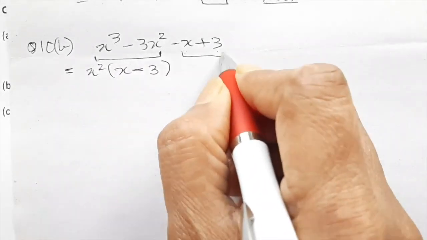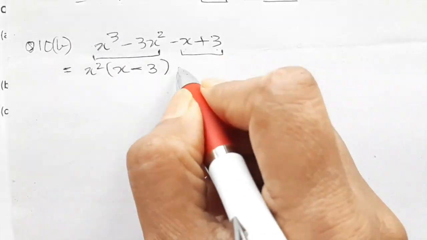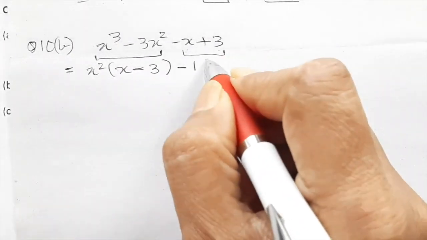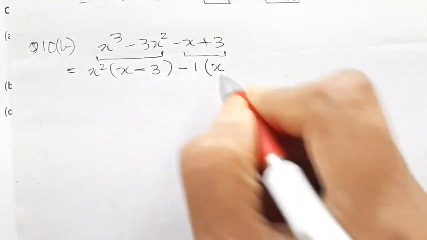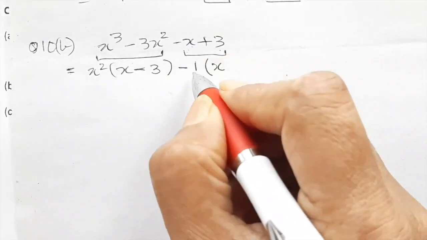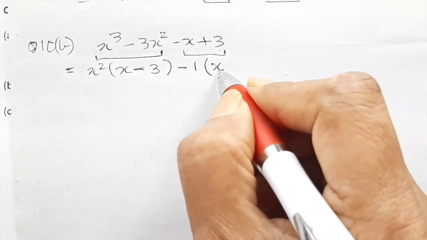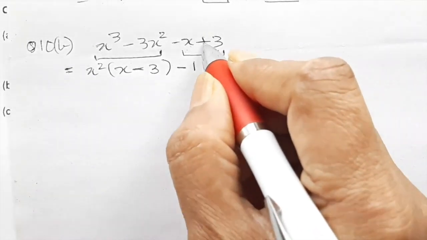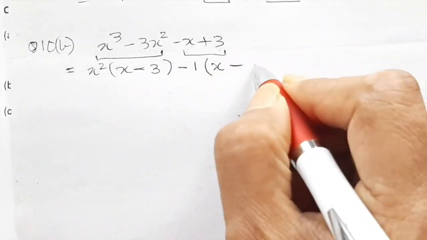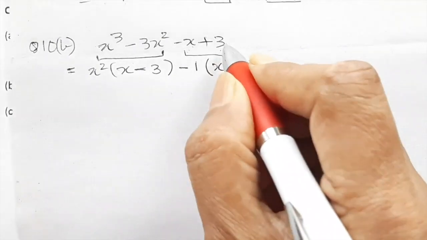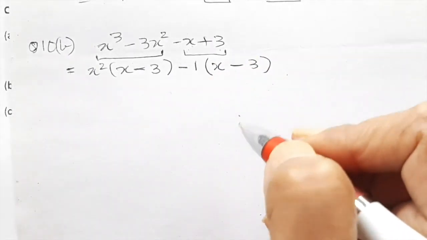Between these two, what is common? This is minus x, so minus 1 is common. Into bracket, this will have x remaining because minus 1 is common. This x will be positive inside the bracket and this plus sign becomes minus 3 because from plus 3 we have taken out minus 1 as common.